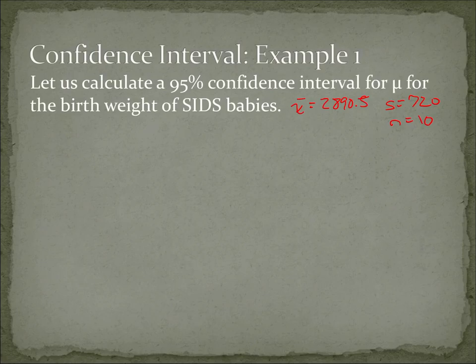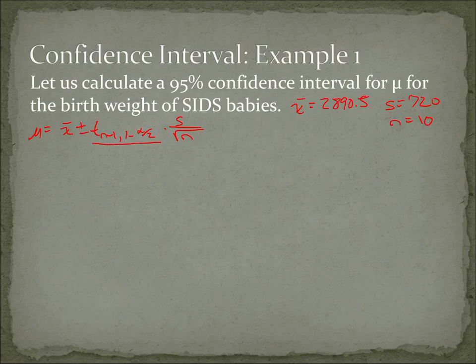So our confidence interval formula for mu is going to equal our x bar plus or minus our t of n minus 1 degrees of freedom, comma, 1 minus alpha over 2, multiplied by the standard error of x, which is notated as the standard deviation divided by the square root of n.